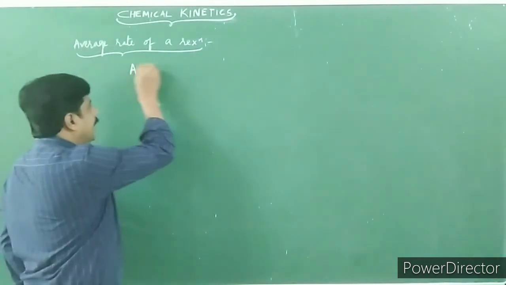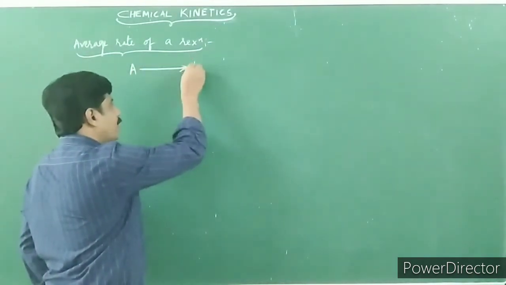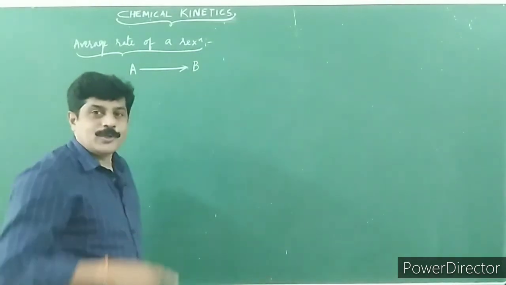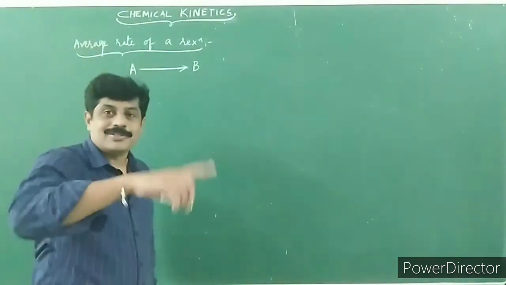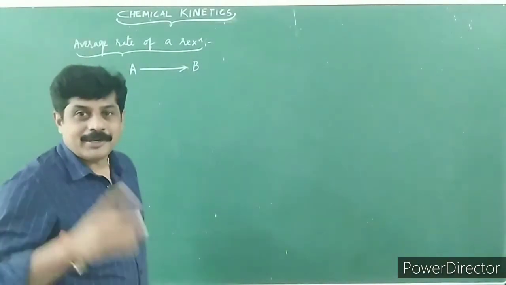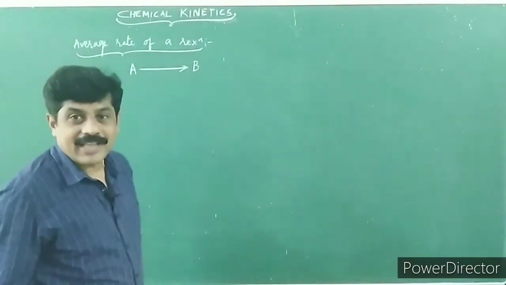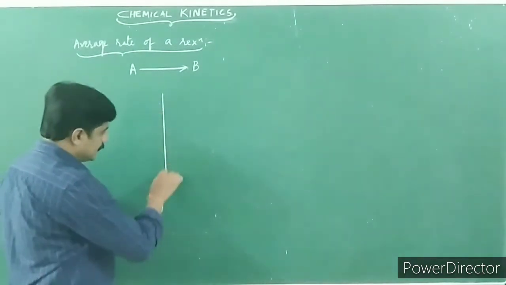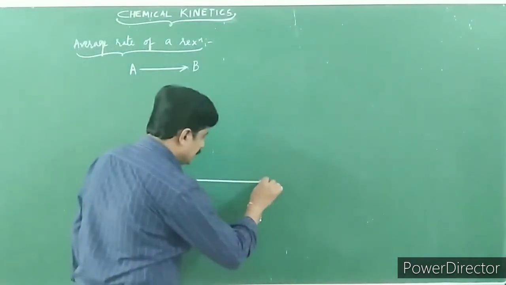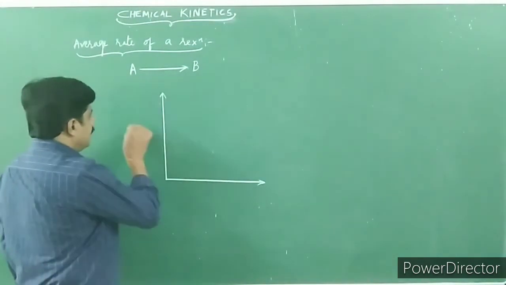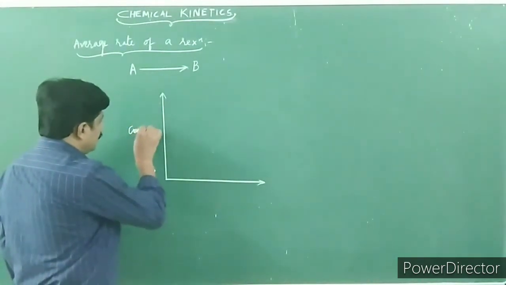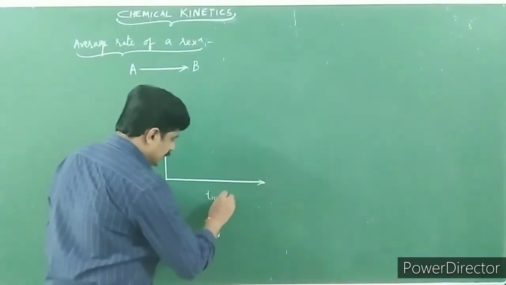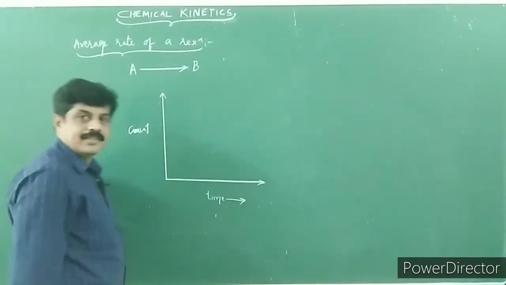A reactant A is getting converted into product B. If I want to plot a graph of concentration versus time in order to measure the average rate of a reaction, I can plot, look at here, concentration on the y-axis and time on the x-axis.